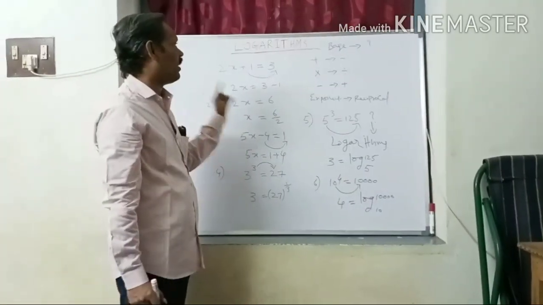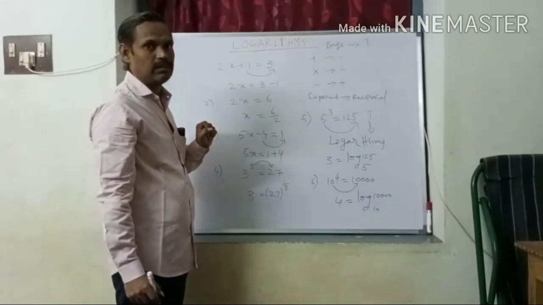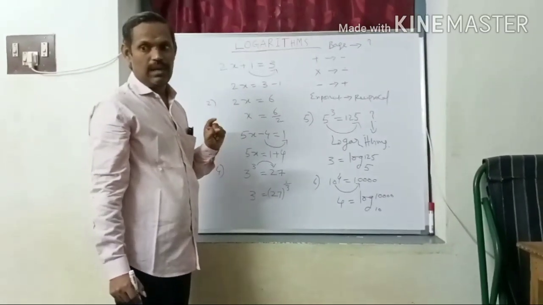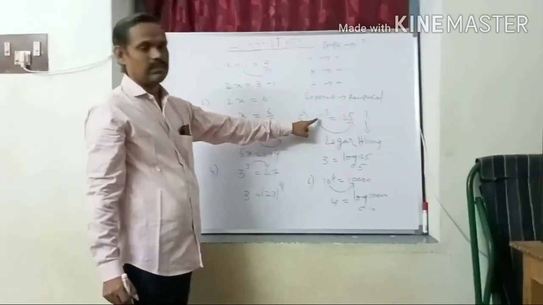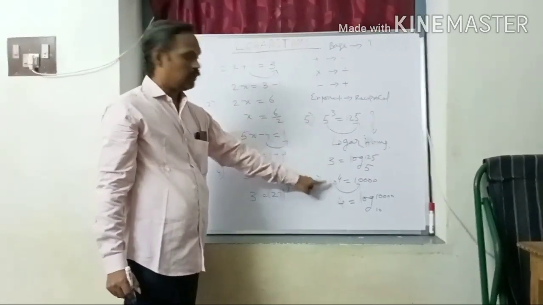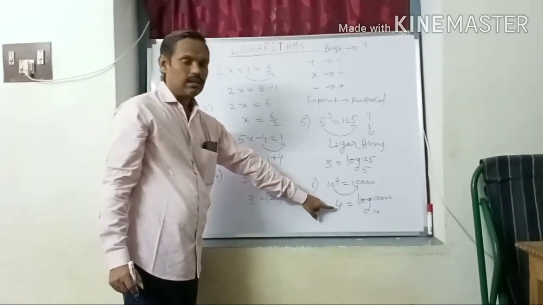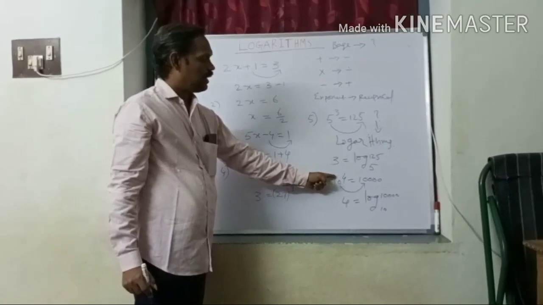So the logarithmic form is nothing but another form of an exponential equation. Wherever we have an exponential equation, we can get the logarithmic form, or if we have a logarithmic equation, you can get the relevant exponential form.